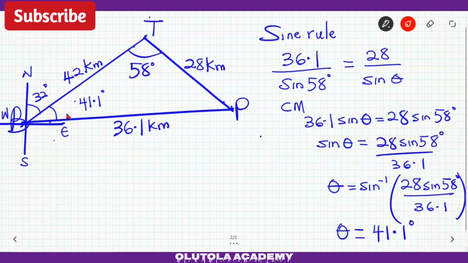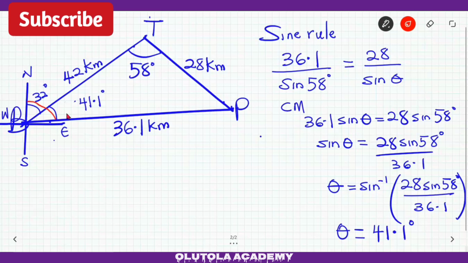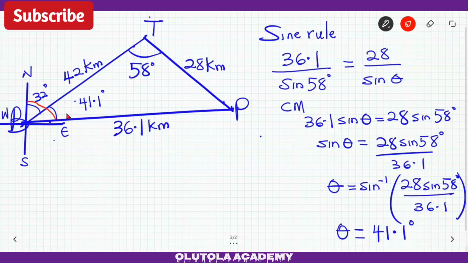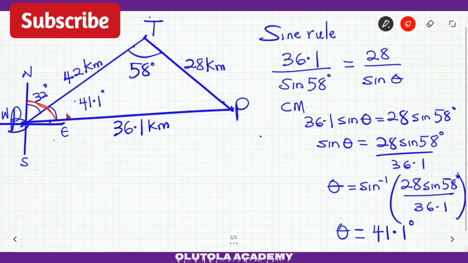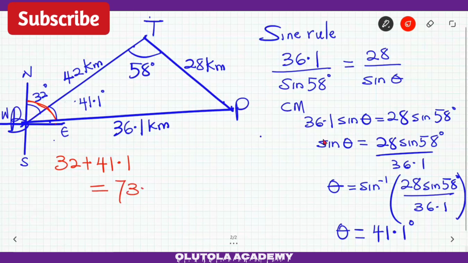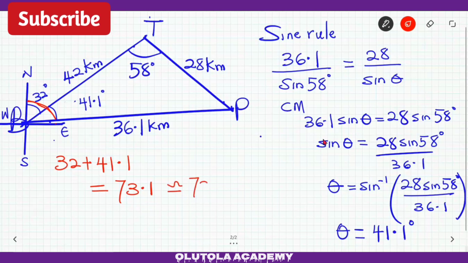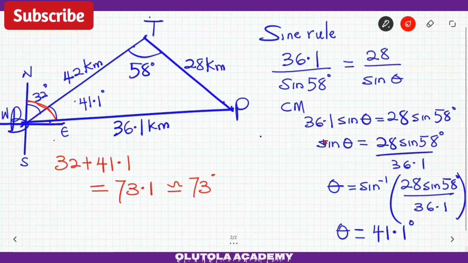As I said earlier, we read from this point down to this point, not to the line going to the east, but the line going to P. So we have 32 plus 41.1, which will give us 73.1. We can have that approximately 73 degrees. So we have the bearing now.